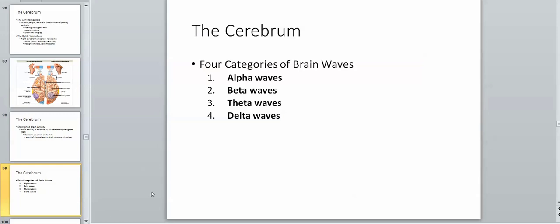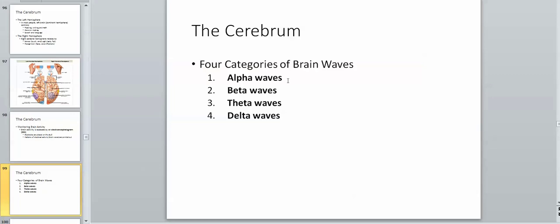But in general, delta waves are 0 to 4 hertz, and then theta waves are 4 to 8, alpha waves are 8 to 12, beta, anything above 12 to 20 or even 40, and then gamma, anything above 40. Some people will say alpha waves go to 14. But suffice it to say, I'm not going to harp on that.